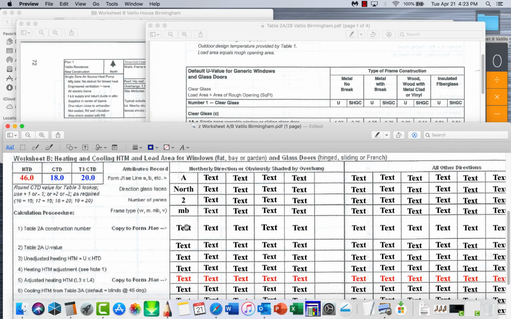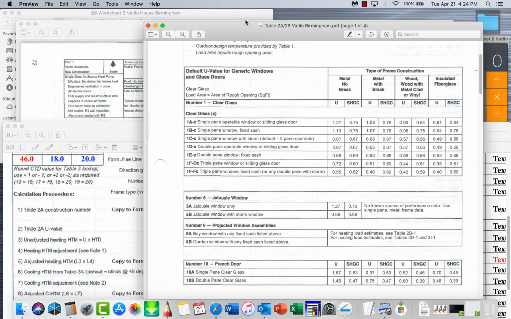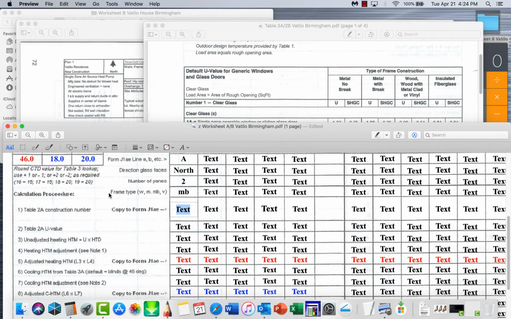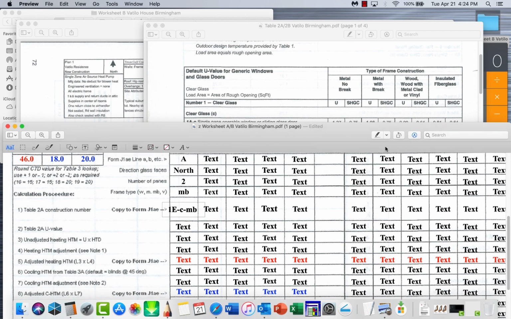So we go back to line number 1 right here, and we're going to put in the construction number: 1E-C-MB. Okay, I'm going to make that a little bit smaller so that it fits in the box correctly.